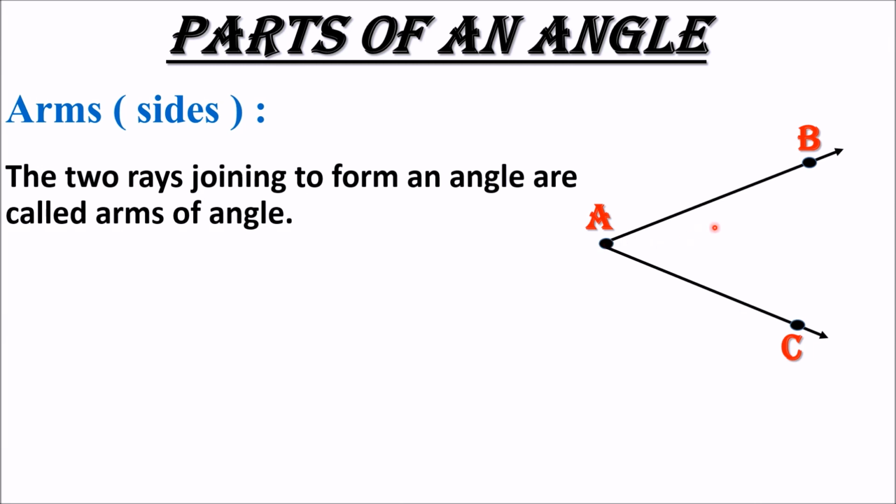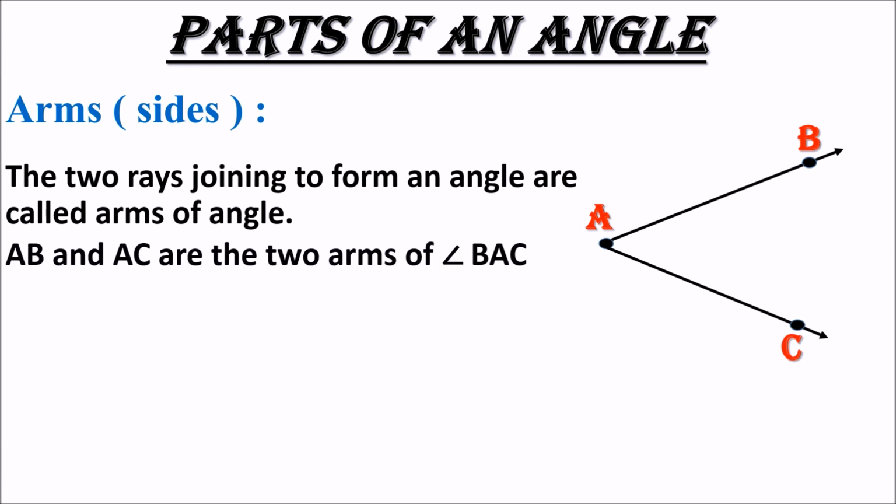Here we have ray AB, and here we have another ray AC, right? Ray AB and ray AC are called the arms or sides of an angle. So here AB and AC are the two arms of angle BAC.